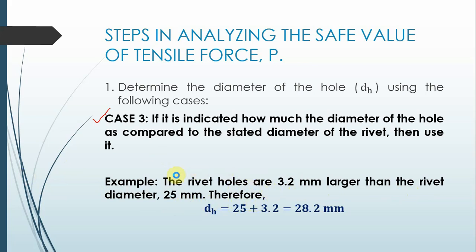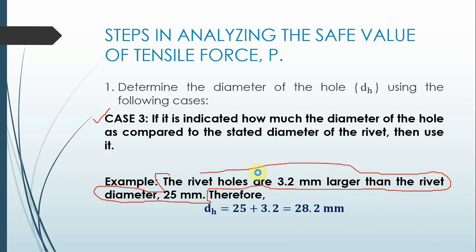Therefore, we follow this statement, since the problem gave this condition, so we cannot use case 1 or case 2. This is case 3. Therefore, our D sub H is just 25 plus 3.2, equal to 28.2 millimeters. So this will be our diameter of the hole, or D sub H. Understood? Okay.